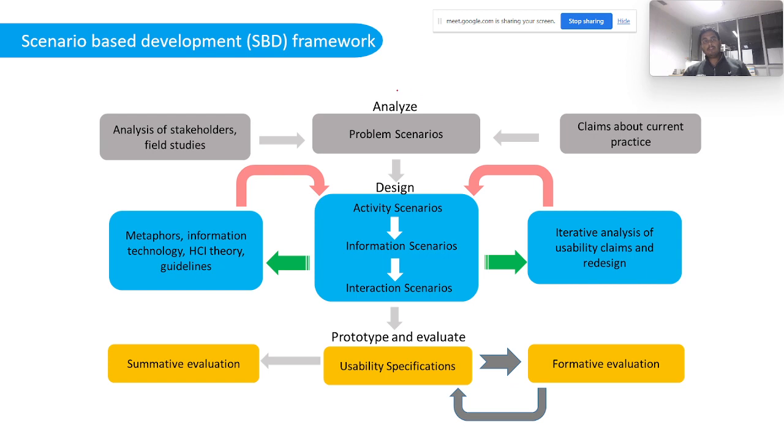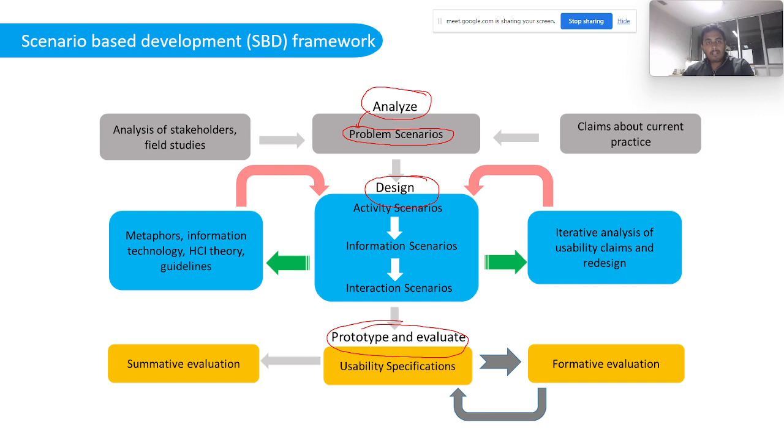This framework comprises three main stages, and for each stage we mainly consider scenarios. So first we analyze problem scenarios. The first stage is analyzing the problem scenario.